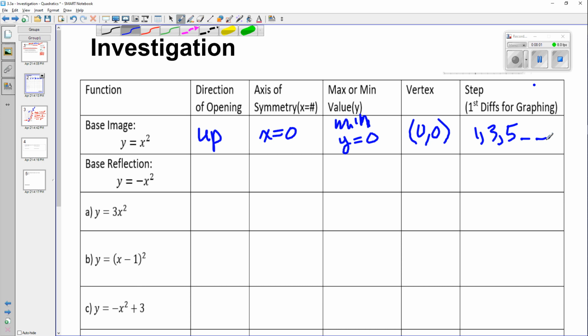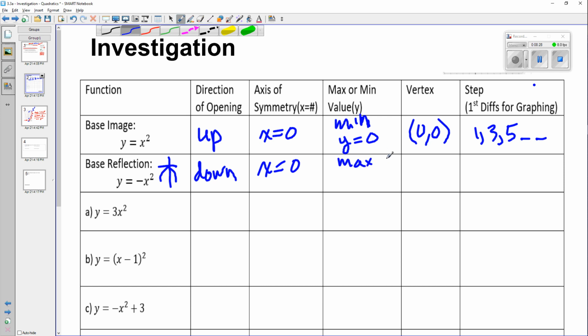Okay? Now let's do the same. You'll find that the next graph looks exactly like y equals x squared, but it opens down. The axis of symmetry is x equals 0. And is this a maximum or a minimum? It's the opposite. So this is a max.